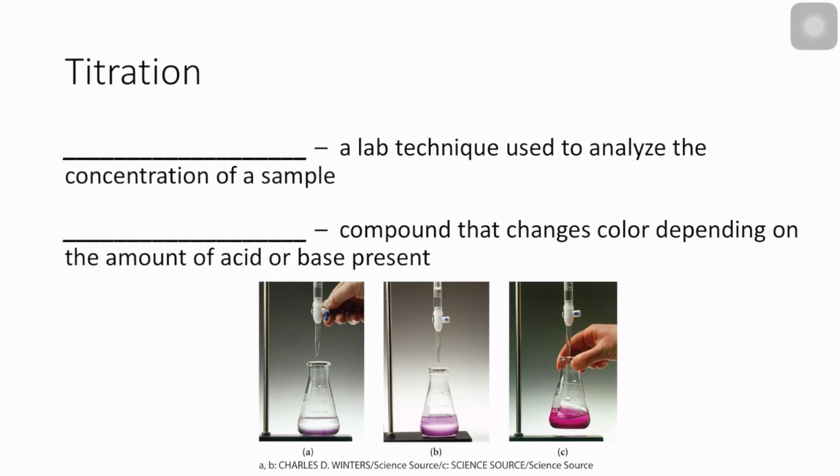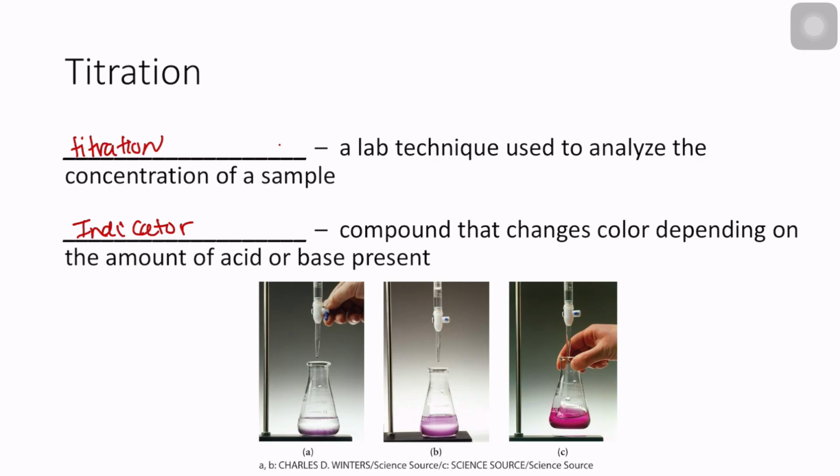When we are looking at neutralization reactions, we have a technique called titration. And titration is used in a laboratory setting where you can analyze the concentration of a sample. We use what is called an indicator that will change color when the reaction is complete.